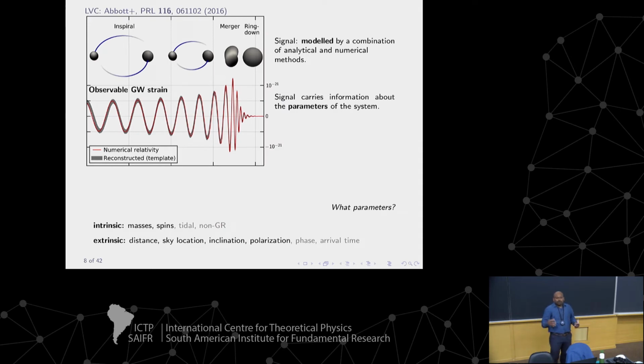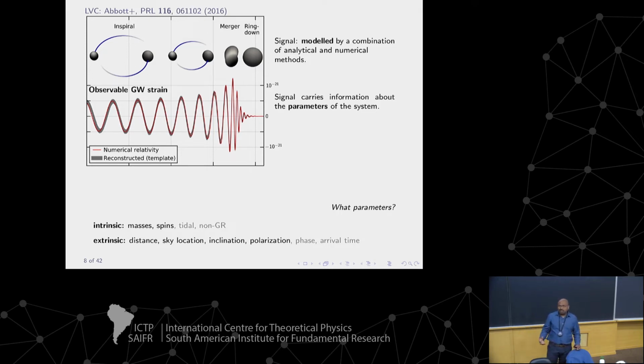Of course, we do not only want to know where there is a signal and where there isn't. We want to know what kind of source the signal came from. And the signal carries information about the parameters of the system. What kind of parameters of the system? The intrinsic parameters of the system that really belong to the system, like the masses of the components which are about to merge, the angular momentum of these components.